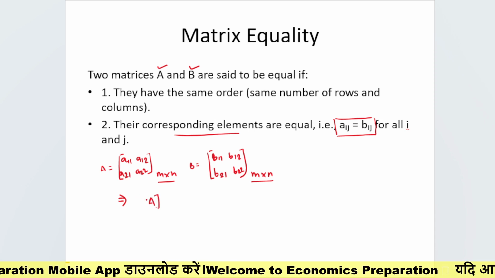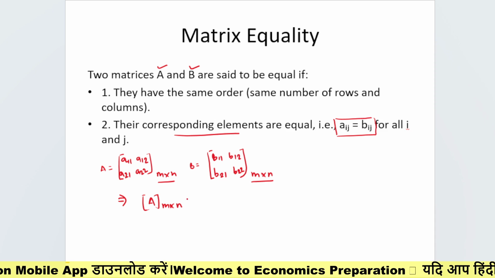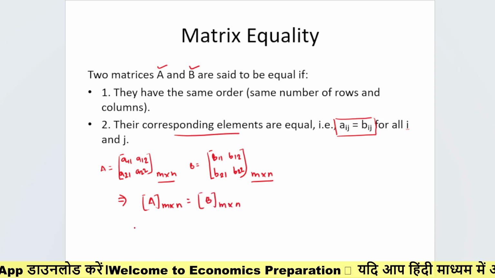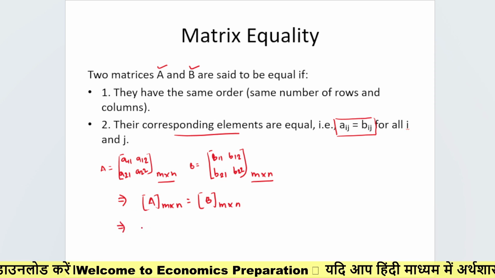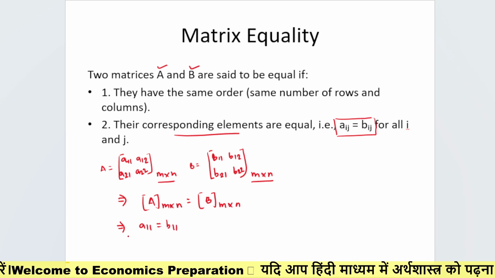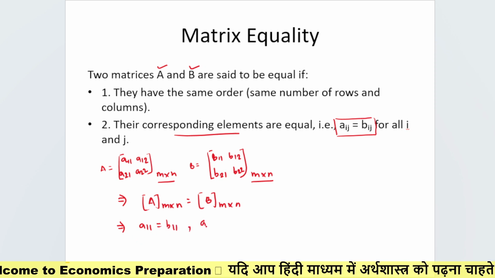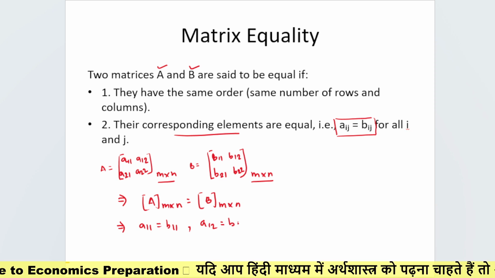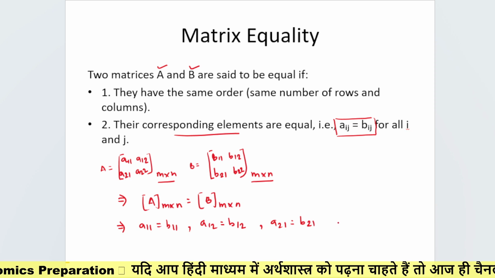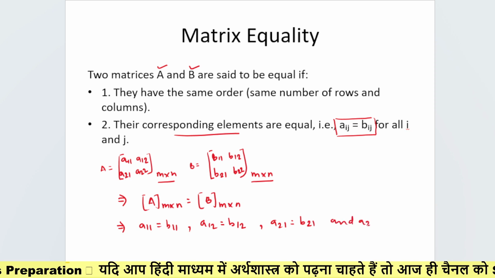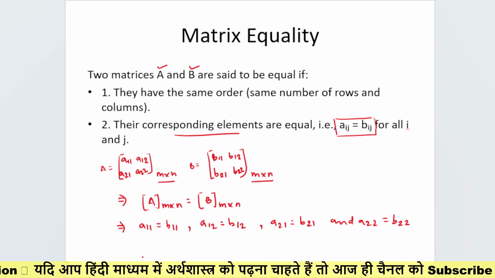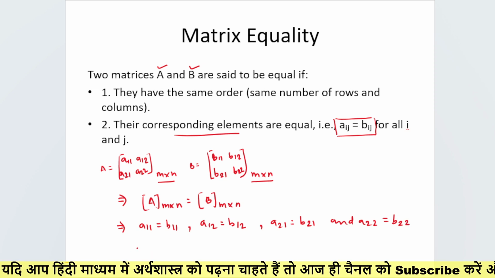Matrix A of M cross N order should be equal to the matrix B of M cross N order, and this implies that A11 must be equal to B11, and A12 will be equal to B12, A21 will be equal to B21, and A22 will be equal to B22. Okay, I hope this matrix equality will be clear to all of you.